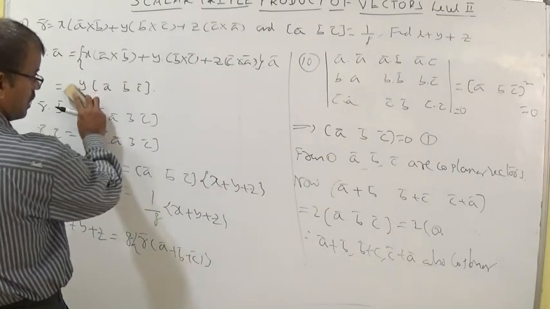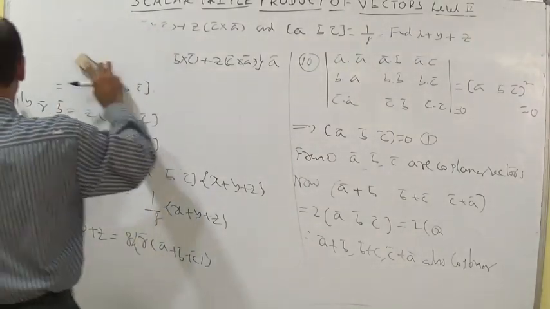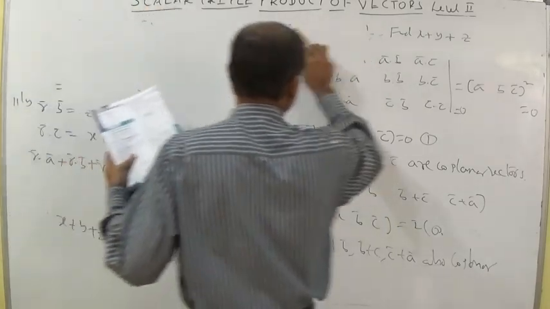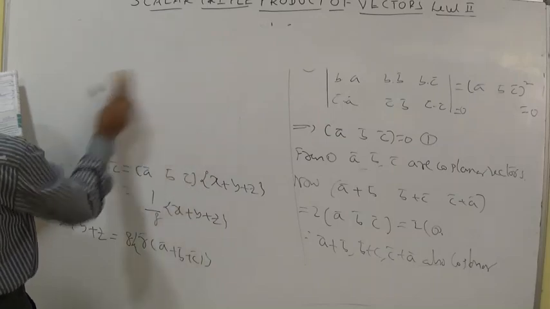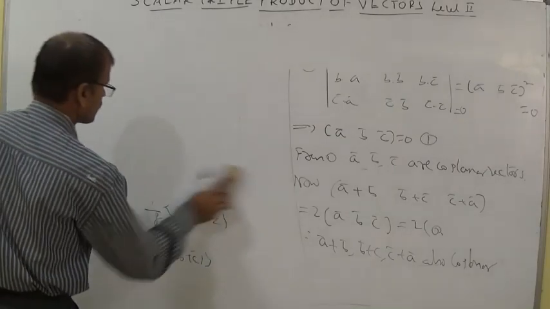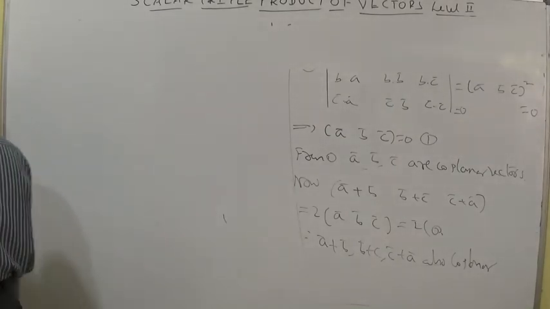Next question, 11th question. For any three non-zero vectors A, B, C, plenty of times we discussed this in concept and in the second sum also.